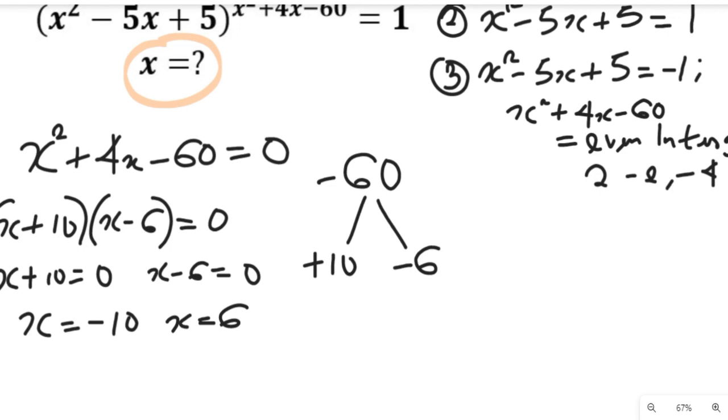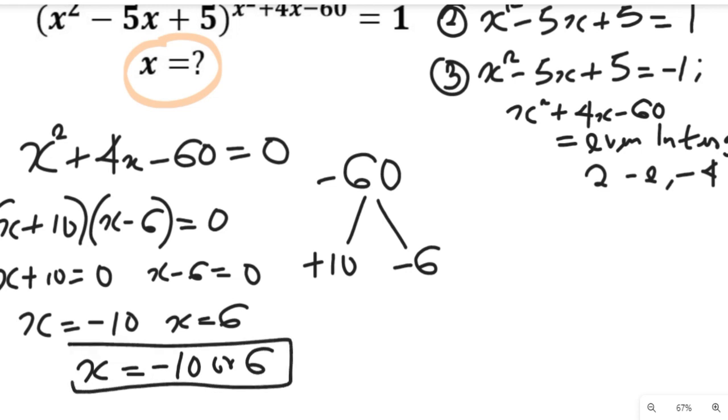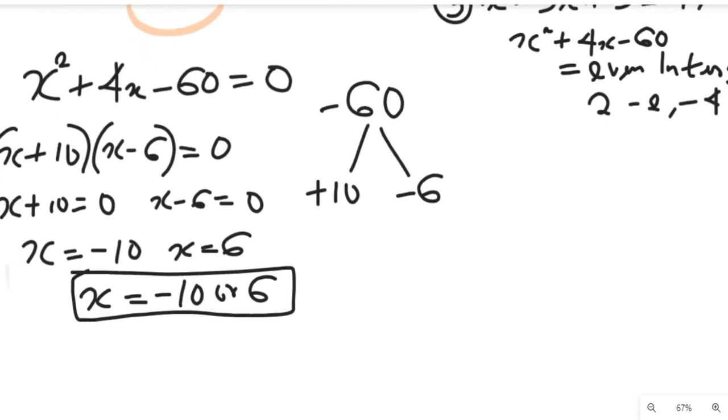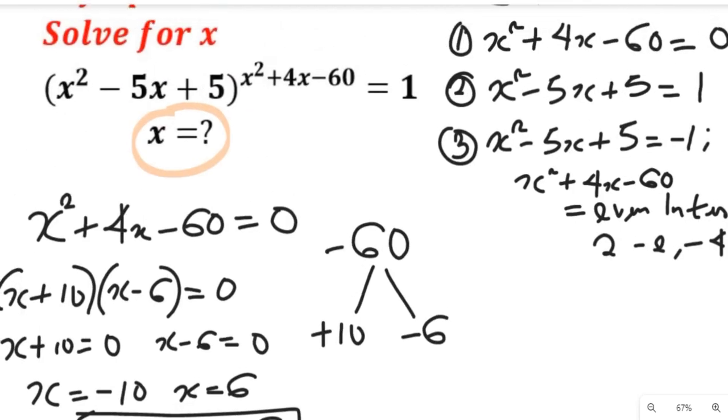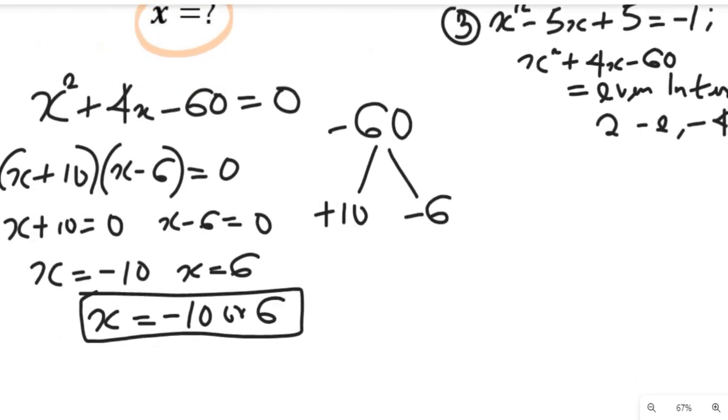So the two values from this equation are x equal to minus 10 or 6. These two values satisfy that quadratic equation. Only under these two values, x equal to minus 10 or 6, will the left-hand side be equal to 1.